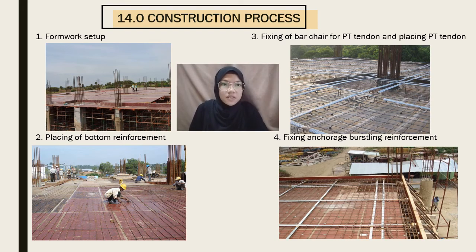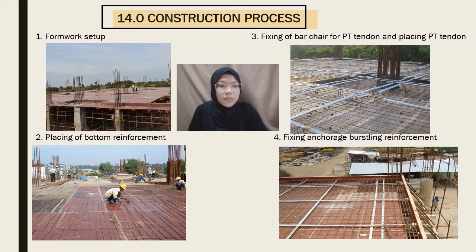So, for the construction process of post-tension concrete, firstly, we must set up the formwork. After cutting the formwork according to our desired length, we must place the bottom reinforcement. After placing the bottom reinforcement, we must fix the bar chair for the post-tension tendon and place all the post-tension tendons according to the layout.